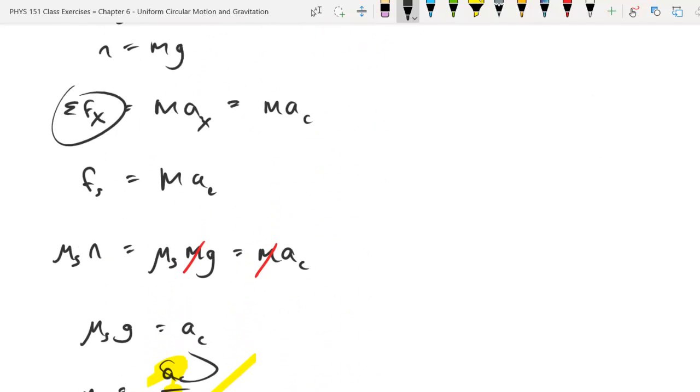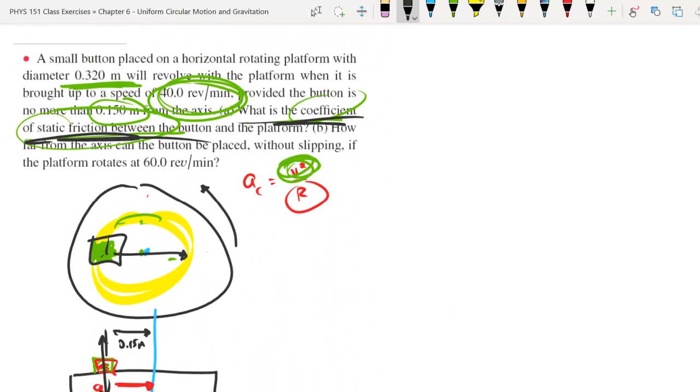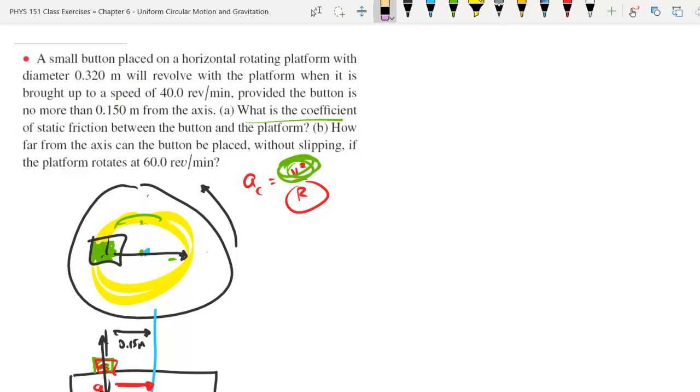Part B asks us, how far from the axis can the button be placed without slipping if the platform rotates at 60 revolutions per minute? So now we're going to use this same coefficient of static friction, because we have the same friction force, the same button and the same platform, right?